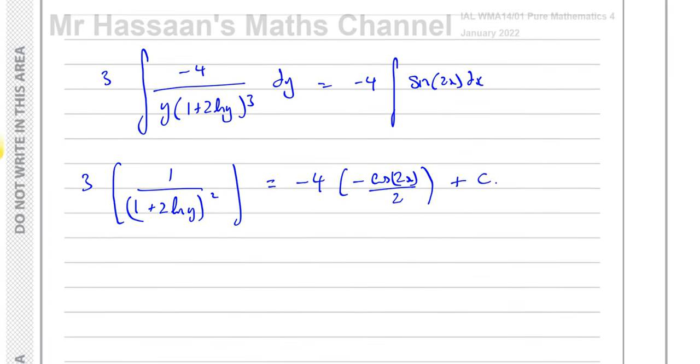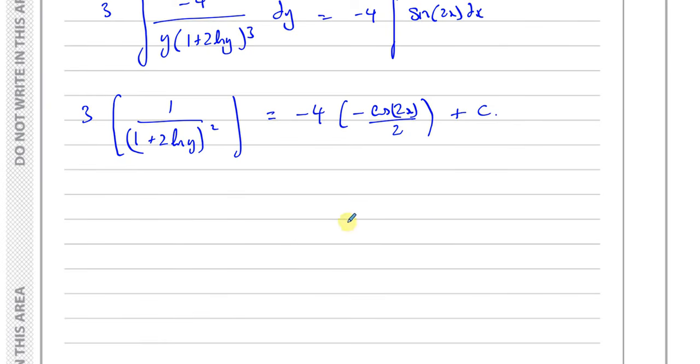We don't have any numbers to put in, so we put plus c. Now I can simplify a bit. This is going to be 3 over (1 plus 2 ln y) all squared, equals minus 4 times minus a half, which gives you 2, so positive 2 times the cosine of 2x plus c.